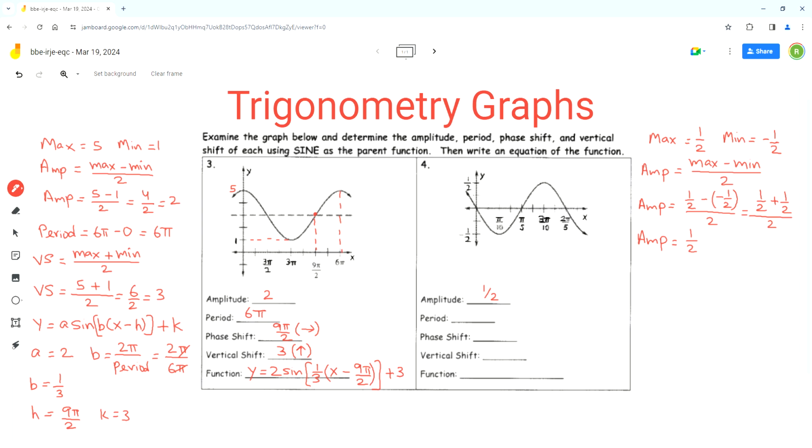We can start with the point that lies on the origin, and if we follow the curve to the right side, one full cycle ends at this other red point. So we can see that the period is 2 pi over 5.